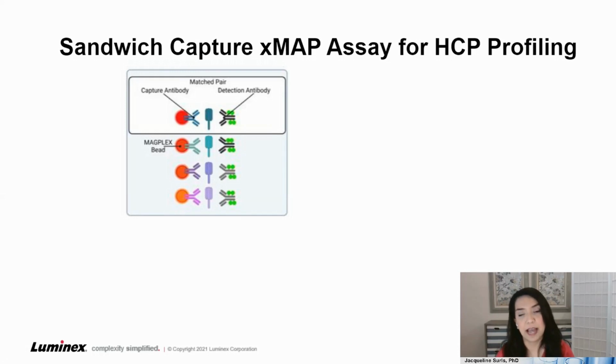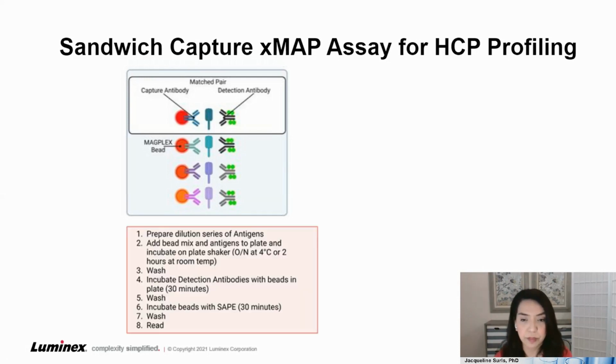So if you're looking for better sensitivity, this is what you'll often see with our xMAP technology. And one of the things we hope to better understand is if this will suit your needs, if you're wanting to profile more HCPs, and perhaps this is of interest during the different stages of your production cycle.